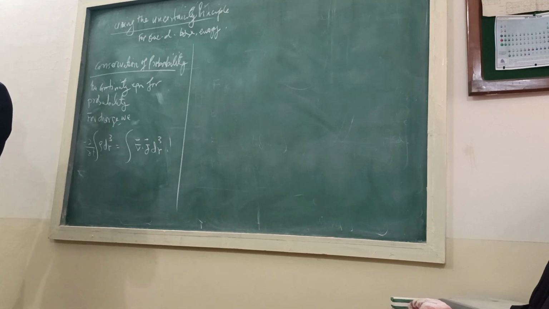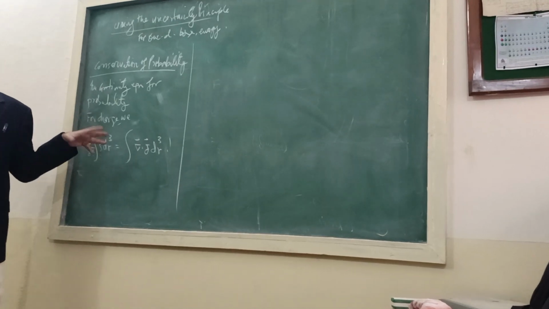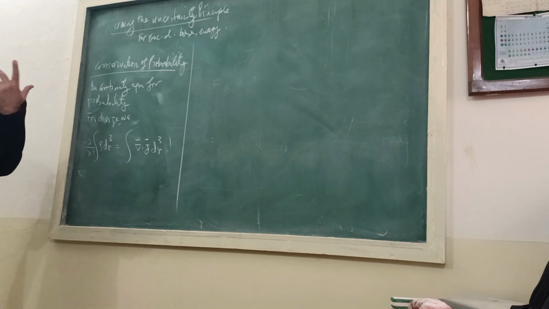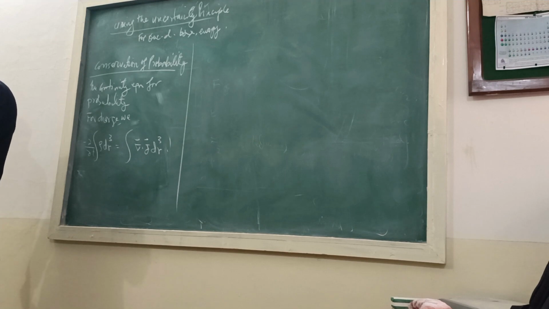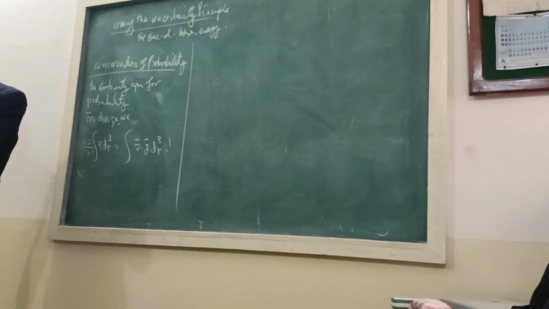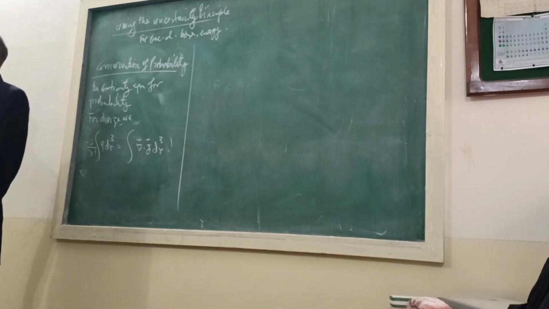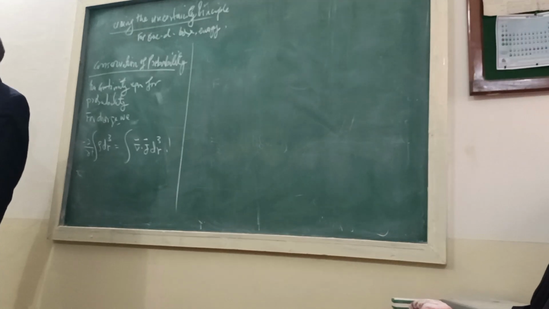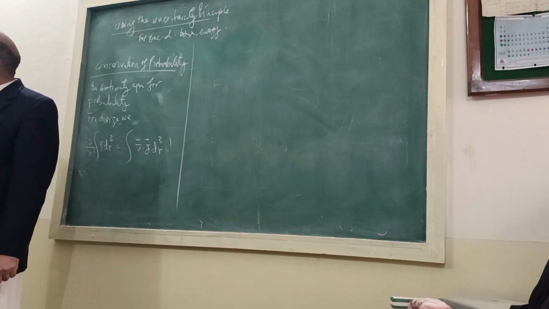If you remember, we defined the probability density. We have to put the probability density in place of the charge density, and probability comes from psi. Psi star psi equals psi modulus squared, which is the probability density. This is also called the Born interpretation.